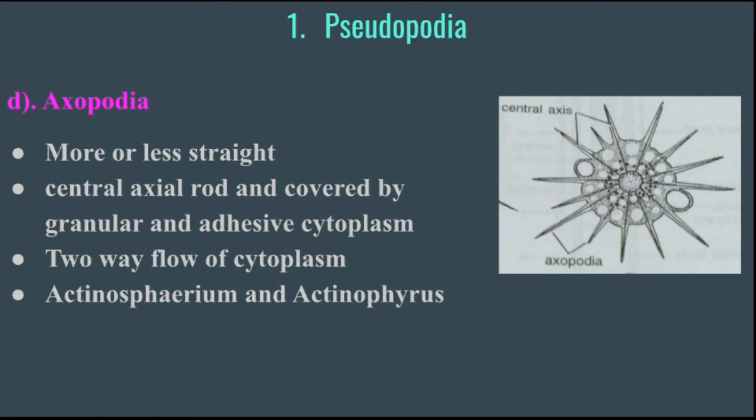Like reticulopodia, axopodia also display a two-way flow of cytoplasm. Axopodia are characteristic of heliozoans such as Actinosphaerium and Actinophrys. So this is the pseudopodia and its subtypes.